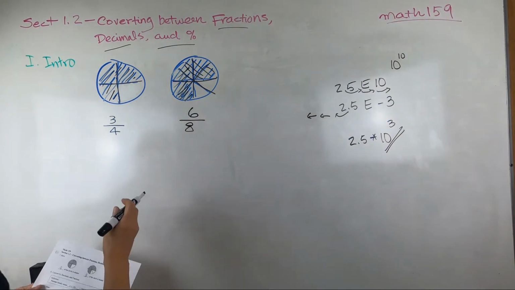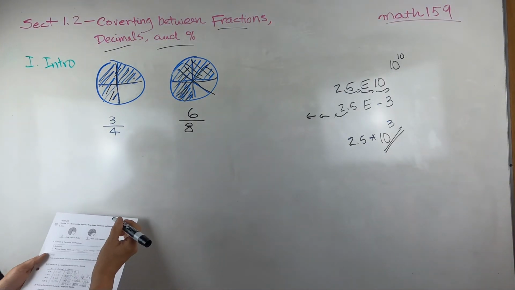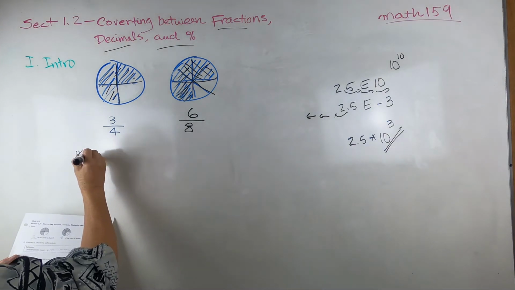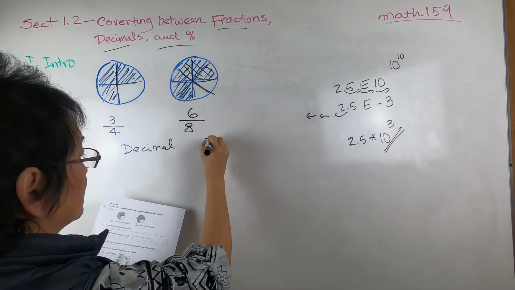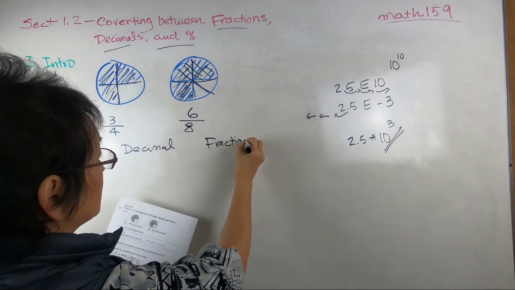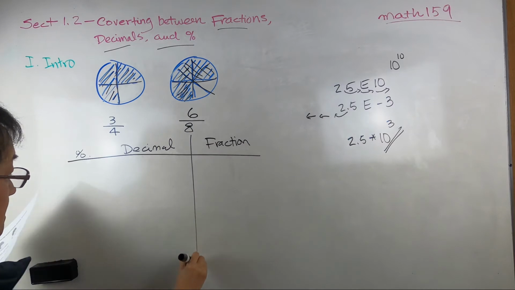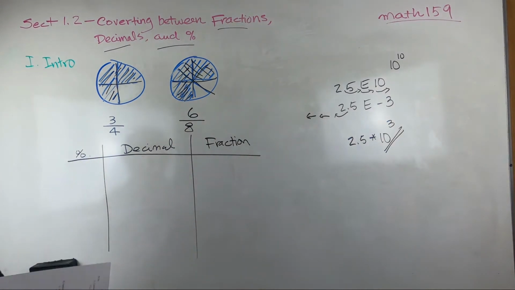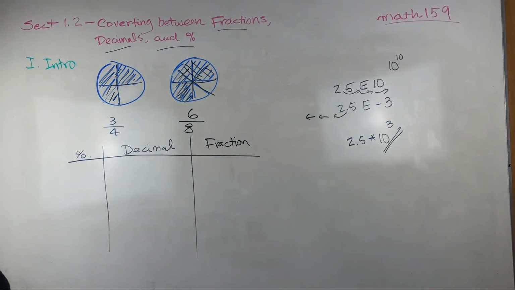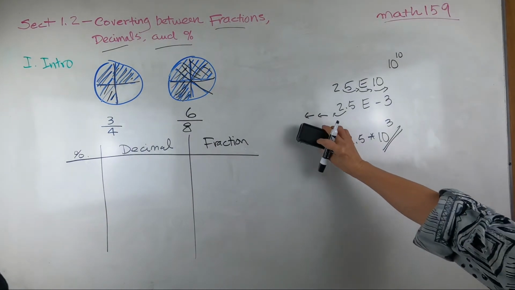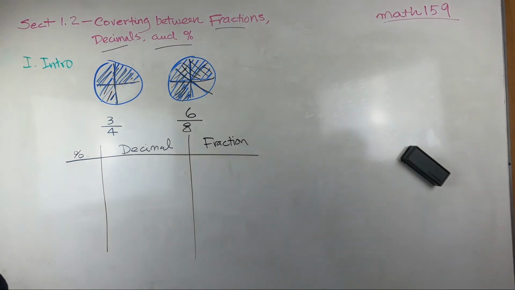Then how do we convert between percentages, decimals, and fractions? They are sometimes equivalent when you convert them. They are almost the same, except that we round for the decimals.